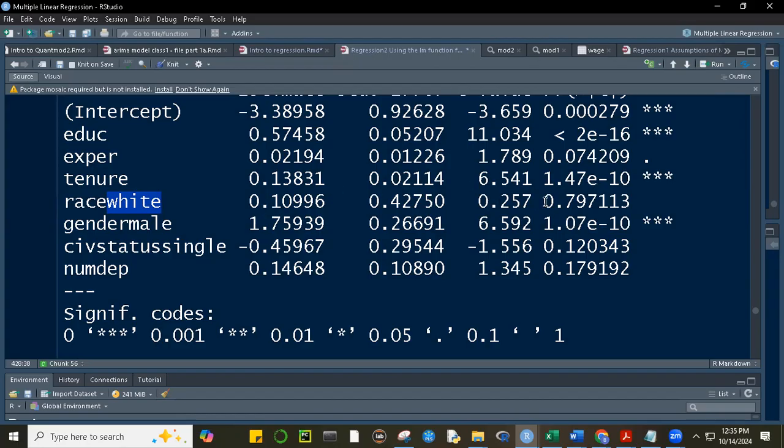But then again, class, it's not significant. So I was just assuming that if this was significant, you would have interpreted it that way. Again, on the average, white employees tend to receive $0.11 more than their non-white counterparts, ceteris paribus.